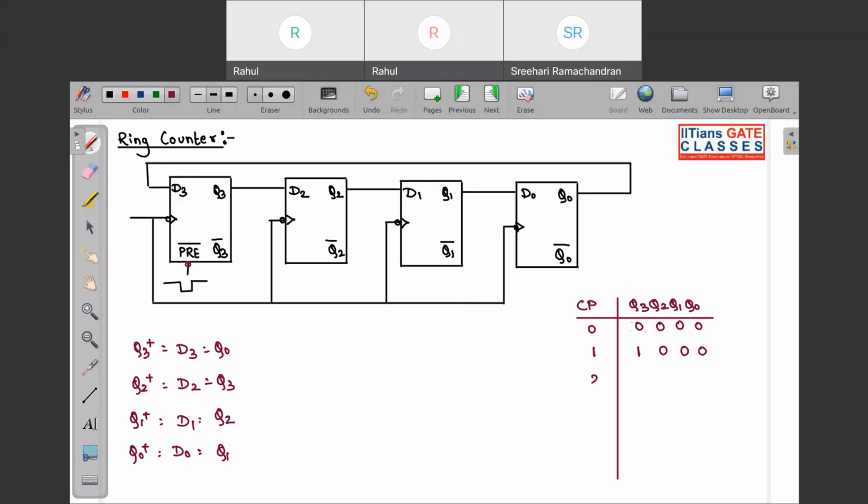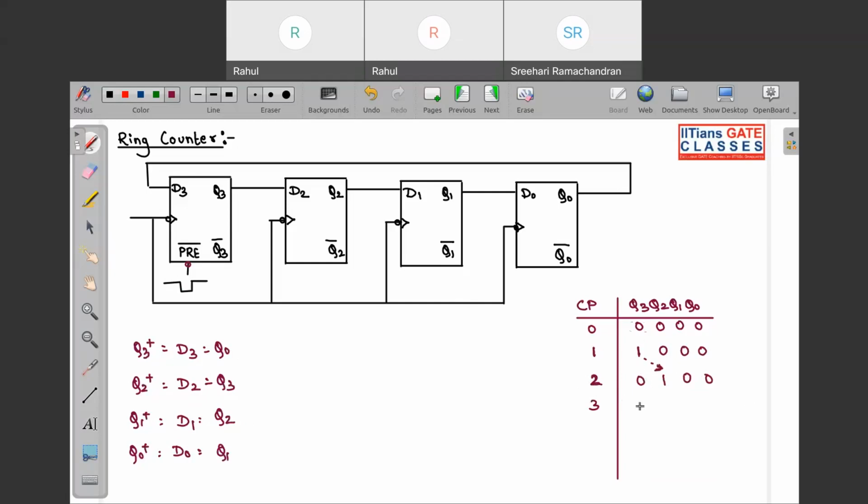Now at the next clock pulse, if you look at the next state equation, Q3 plus will be Q0, Q2 plus will be Q3, Q1 plus will be Q2, and Q0 plus will be Q1. So this will be 0, 1, 0, 0. So these are going to shift like this.